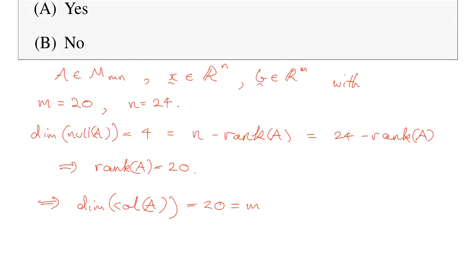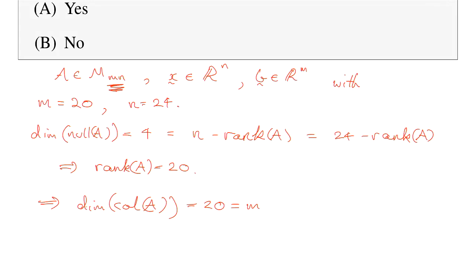So what have we got? Now what space is the column space a subspace of? The column space is a subspace of Rm, right? Because you've got n vectors, they all have length m. So the column space is some subspace of Rm. And we've just worked out that the dimension of that space is m.